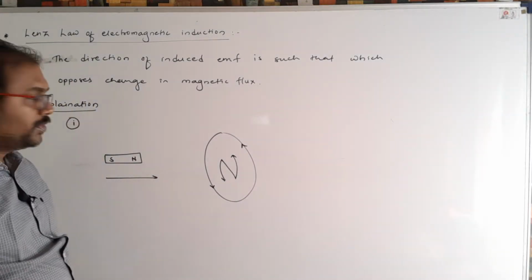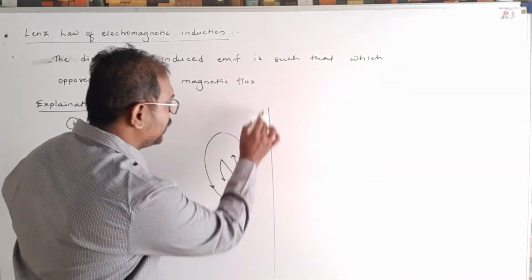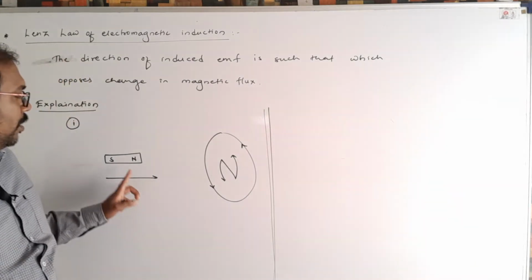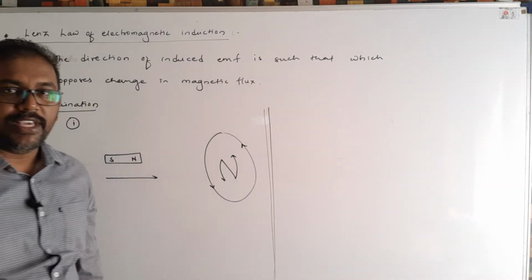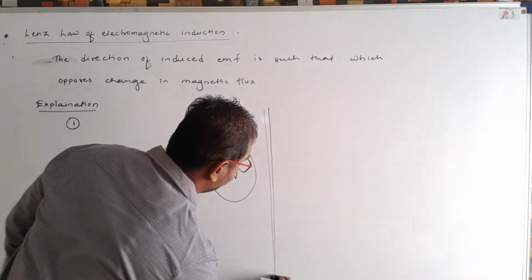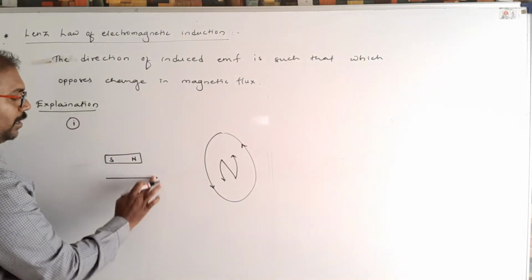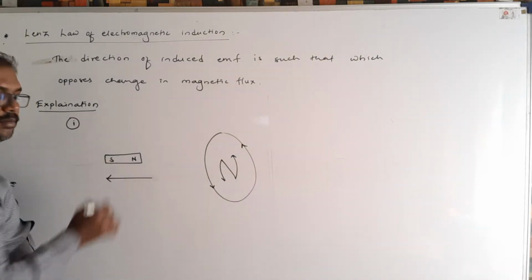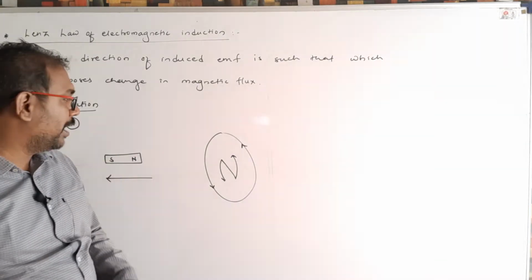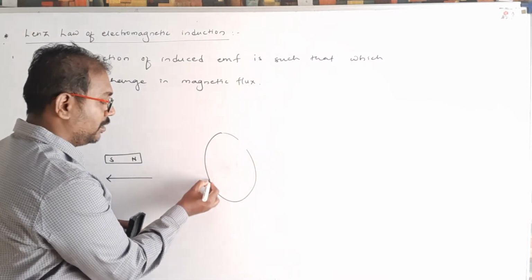Now in case 2, instead of the N pole moving towards the coil, we move this N pole away from the coil. If this N pole is moved away from the coil, what happens? The magnetic flux associated with the coil decreases.